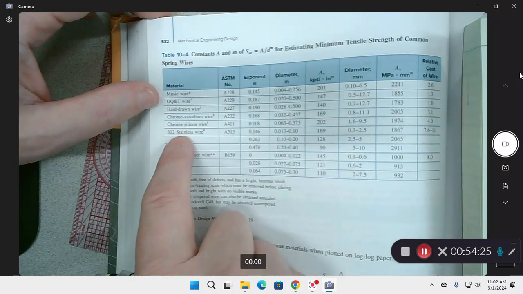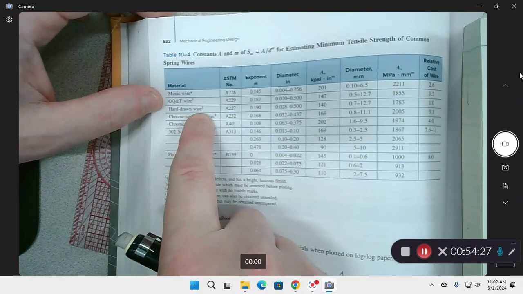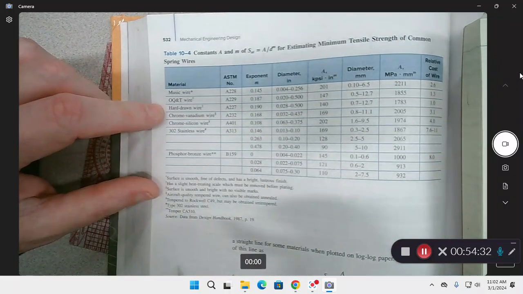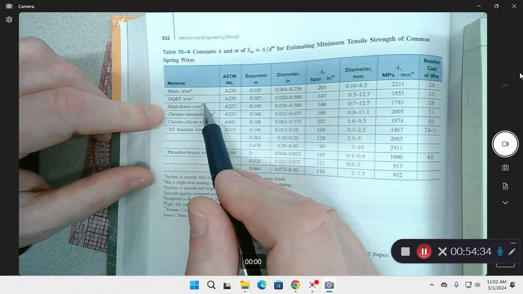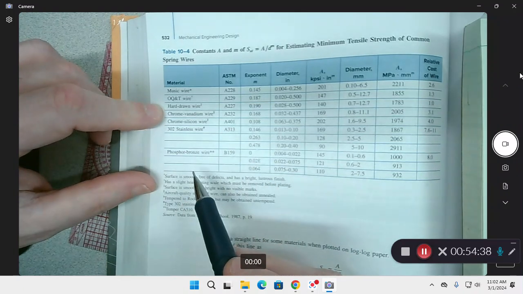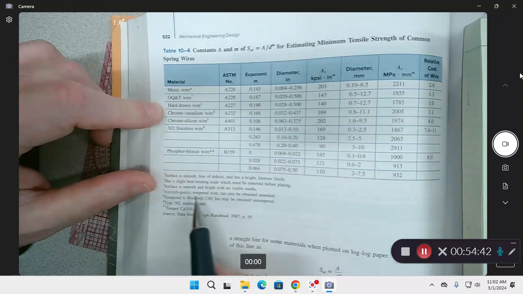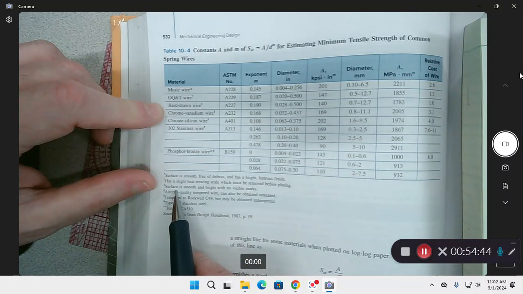They got hard drawn wire. I believe that's the right one. It's got these funny little thingies right here. I don't know what to call that. It's a double cross. Hey, that's a good name, double cross. You double crossing sidewinder.